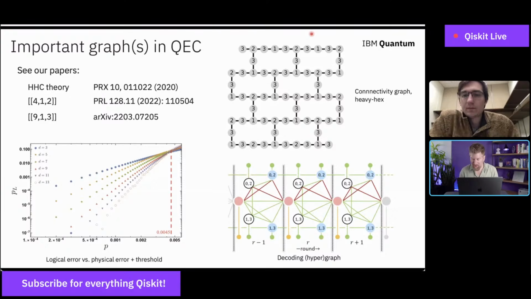Let's see. There were some questions in the chat earlier, so let me see if I can ask this one. Are classical Shannon or Huffman error correction techniques ever used in quantum? Shannon or Huffman techniques. I don't know what those are either.